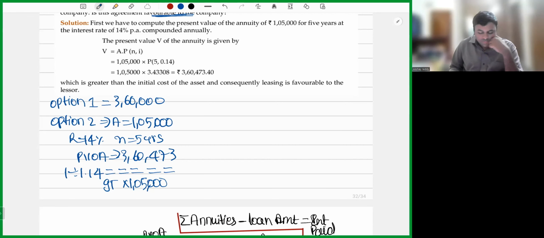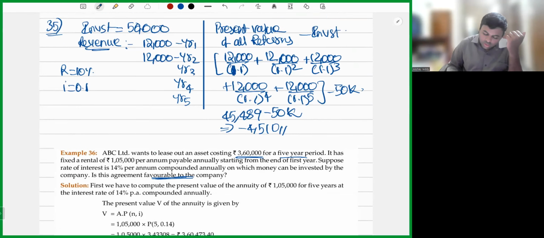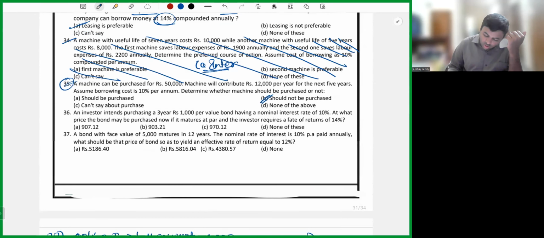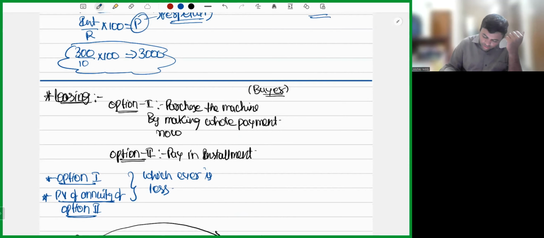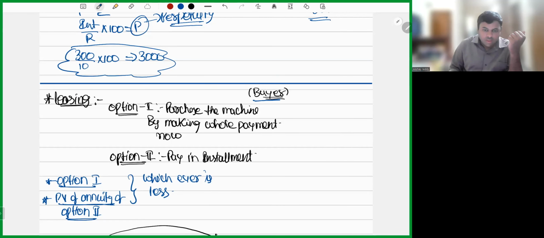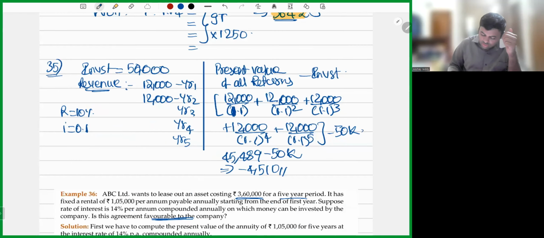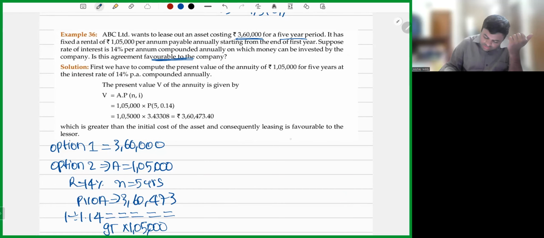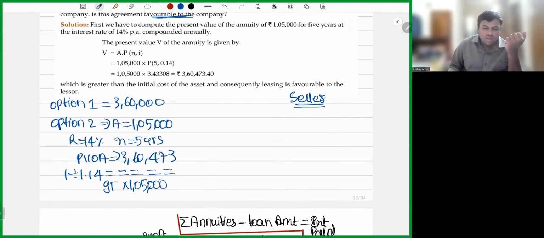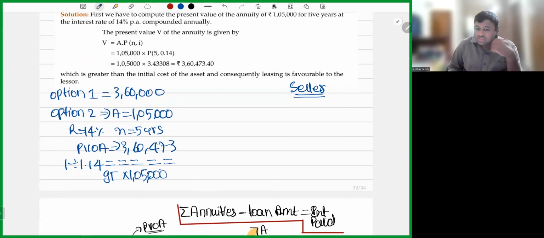No, my dear. The entire concept that I taught you here is on the basis of the buyer. If you see here, he's telling the company wants to lease out. So this is from the seller's perspective. Sir, again for this, I need to remember one more thing. No need. In the buyer's perspective, what you said, whichever is less.